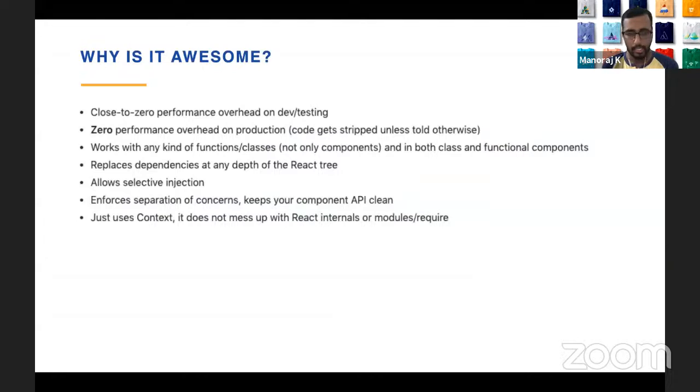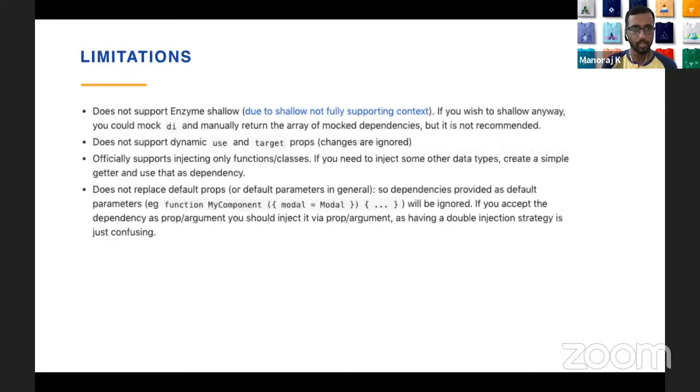Yeah, allowing selective injection is what I talked about. It enforces separation of concerns. It just uses context, so it doesn't matter which tests or which stories you're using, as long as you're using React, you can use this library. A little bit of limitations here.